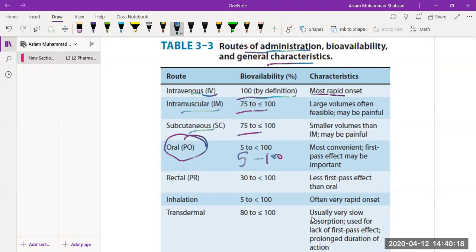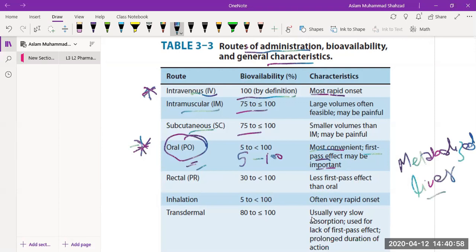So there is a difference between intravenous and oral bioavailability, as we discussed in the last lecture as well. Intravenous drugs are more rapidly absorbed and their dose calculation will be different when we compare with the oral drug that has been given. And their bioavailability is different, but people use oral because it is more convenient, and sometimes first pass effect is important. What is meant by first pass effect means the drug has to be metabolized in the liver.